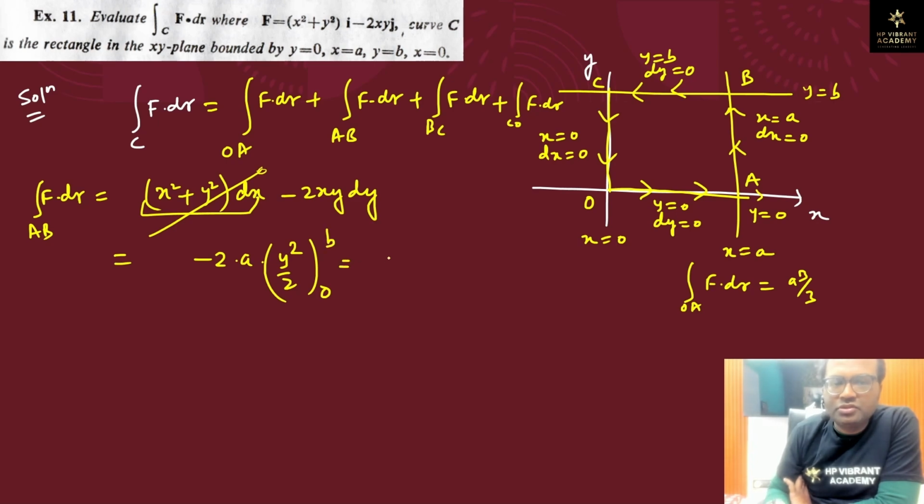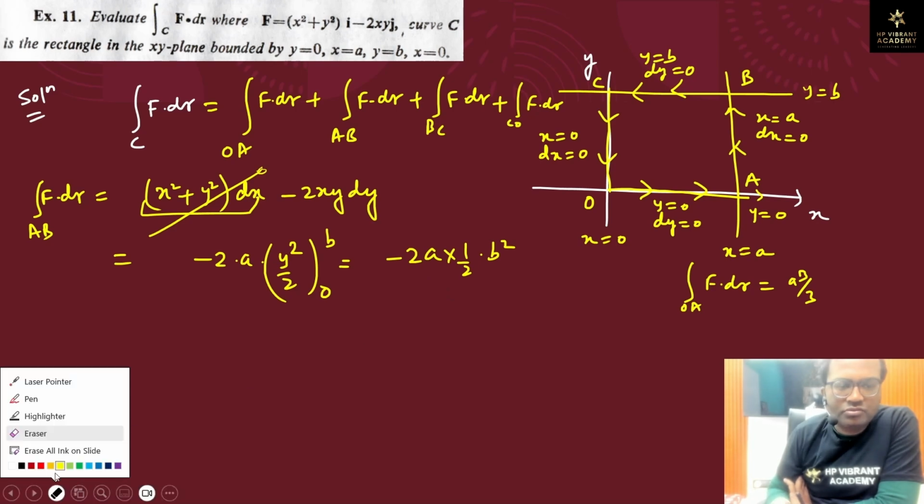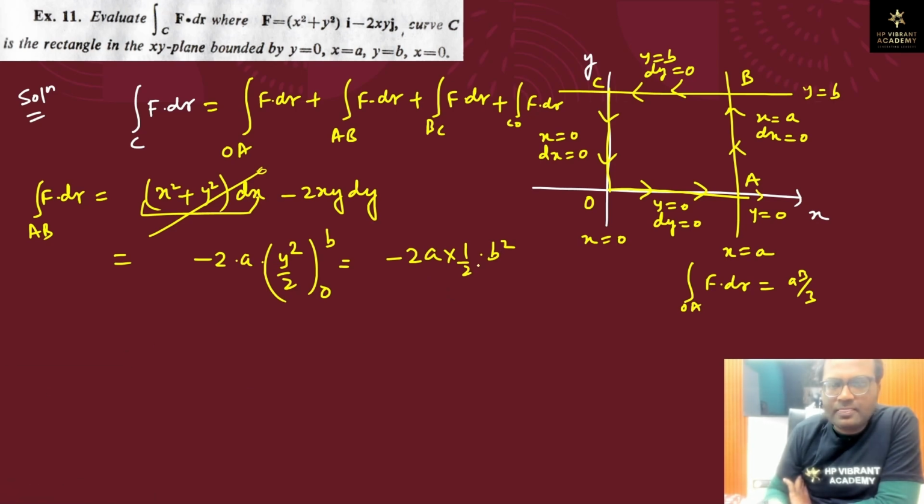So this is minus 2a into 1 by 2 into b square, which is minus a b square. So the integral along AB of f dot dr is equal to minus a b square.